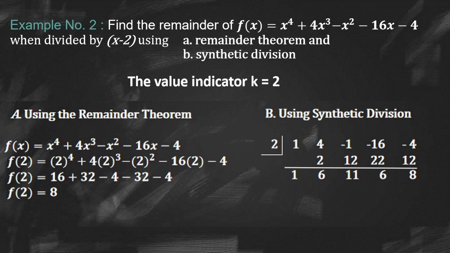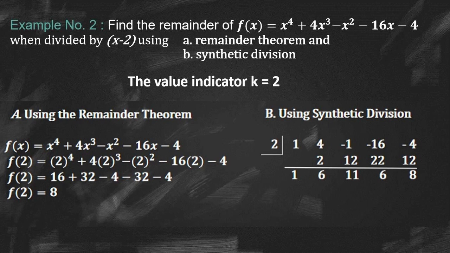First, let's use the remainder theorem. Our value k is equal to 2. According to the remainder theorem, the remainder of f of x divided by x minus 2 will be f of 2.